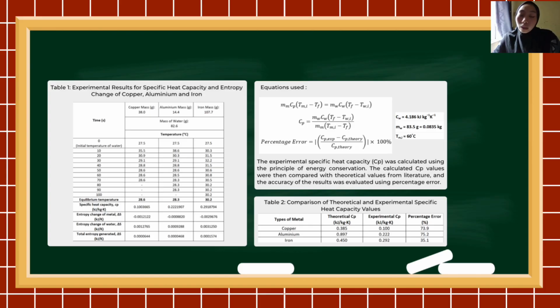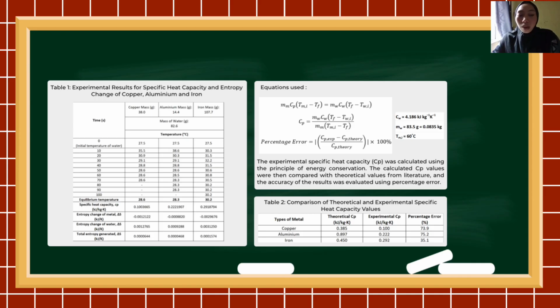The equation we use for calculation is mass of metal times Cp times T metal initial minus T final, equals mass of water times Cp water times T final minus T water initial.